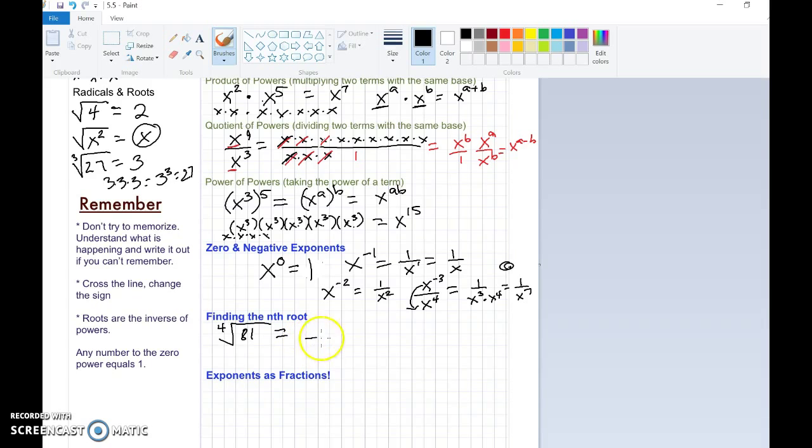Okay, so some number times itself 4 times is going to equal 81. Well, that number happens to be 3. 3 times 3 is 9, times 3 is 27, times 3 is 81. So 81 to the fourth root is 3.